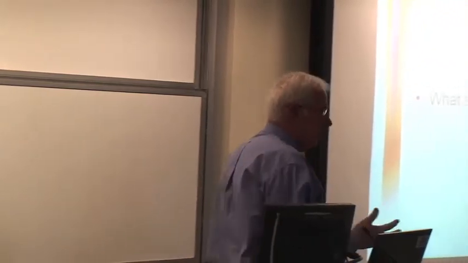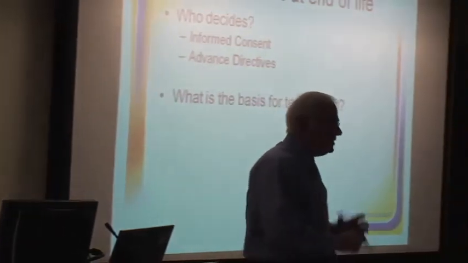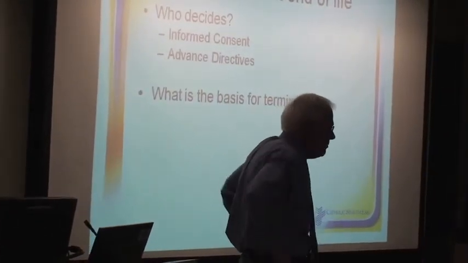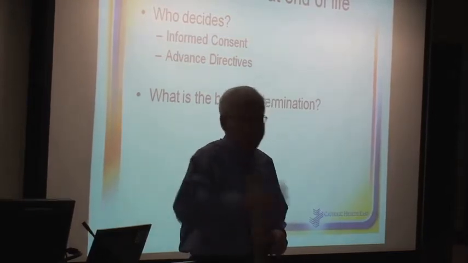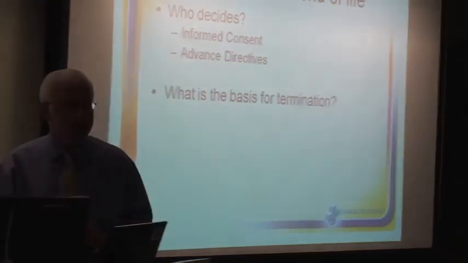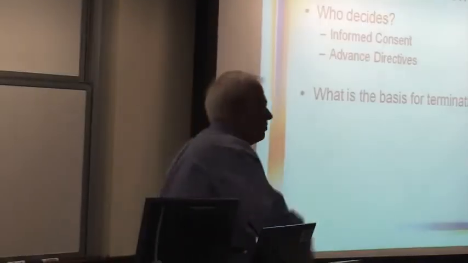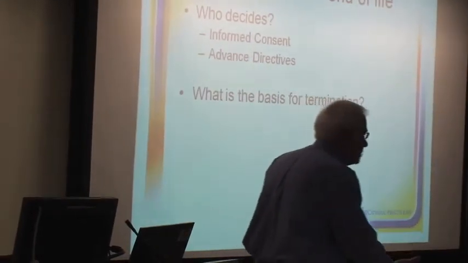The second one, specifically about end of life, is what's the basis for forgoing the treatment? What are the reasons? People give a lot of reasons. It's bad quality of life, and there's a theory of quality of life. People say it's futile, feeding that person, she's never going to come back. She's never going to get back to where she was.